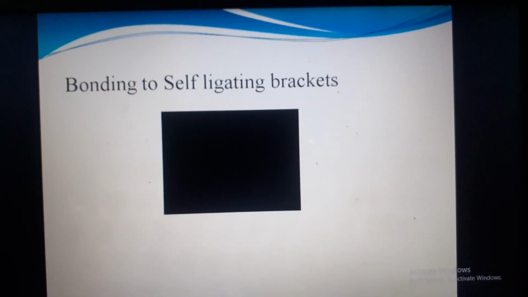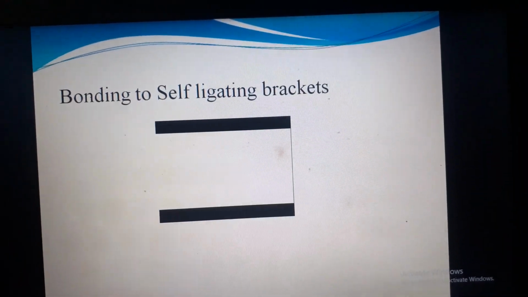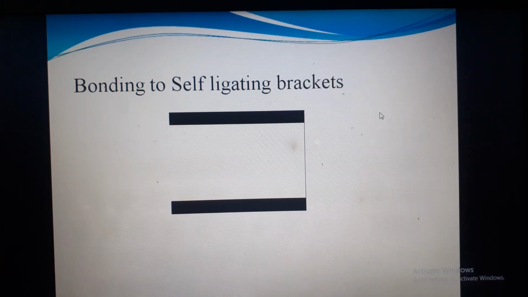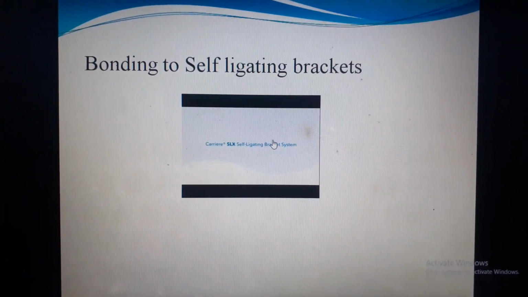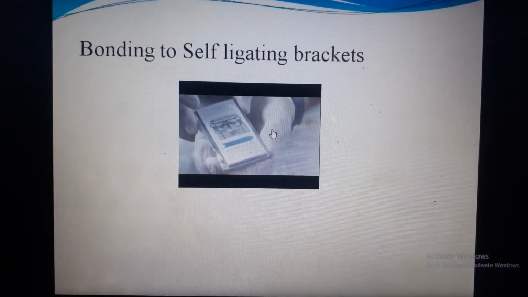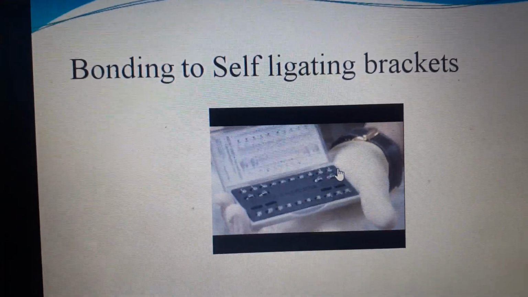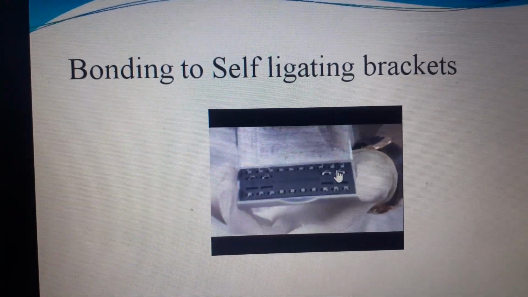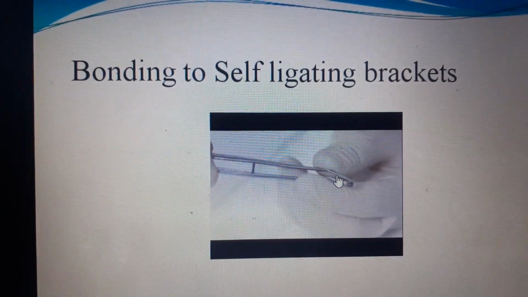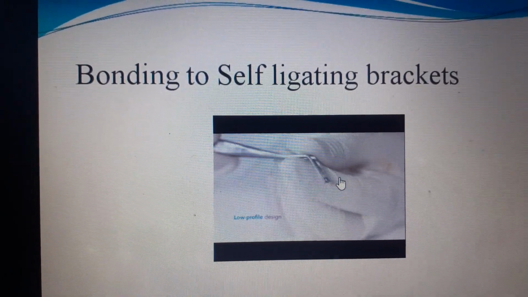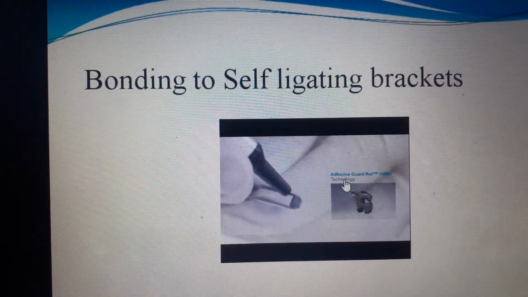It is the self-ligating bracket. See how the orthodontist uses the self-ligating brackets, with a reverse tweezer.